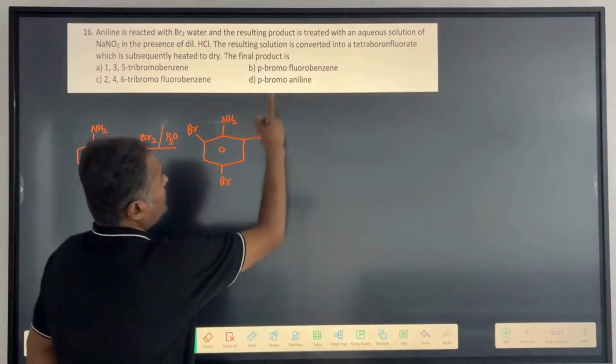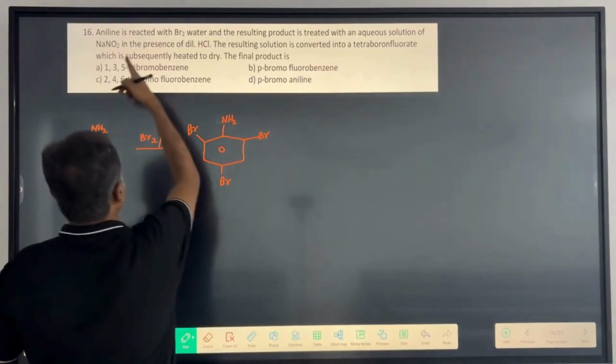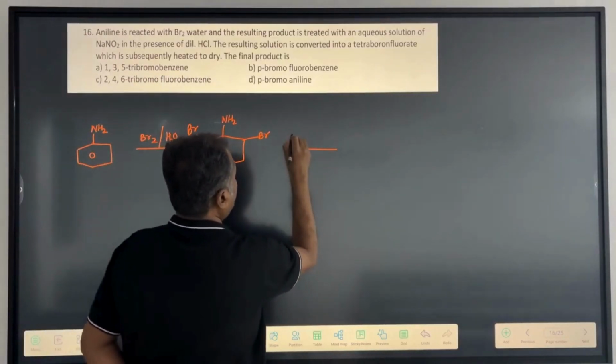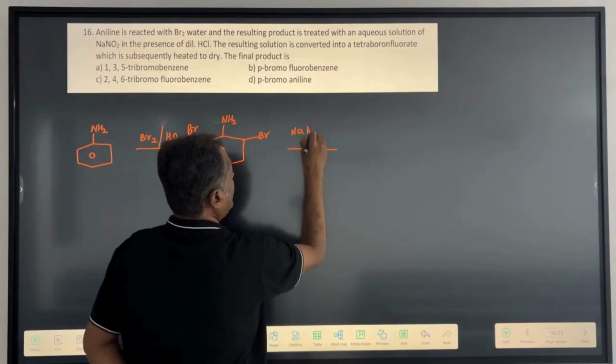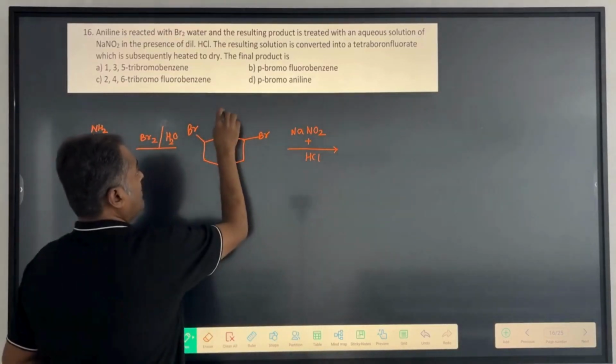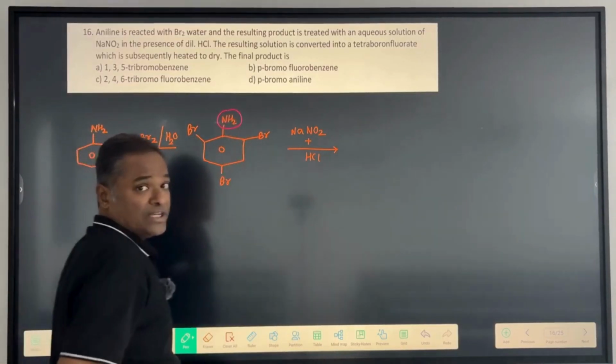tribromoaniline. Now what they have given is that this compound is further treated with NaNO2 plus HCl. So here, kids, you know that your amine group will get converted to a diazonium salt.